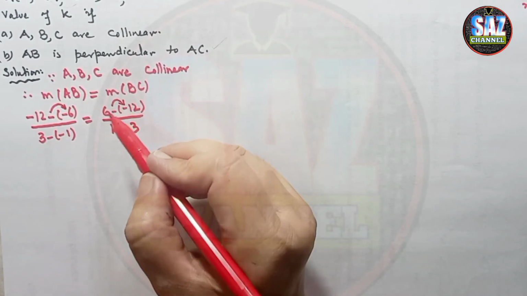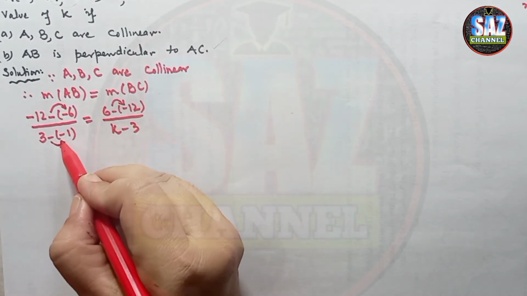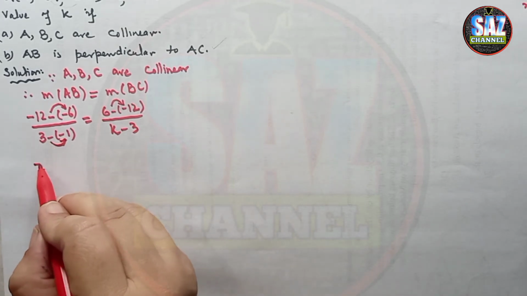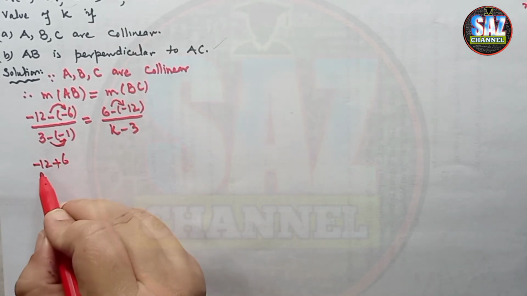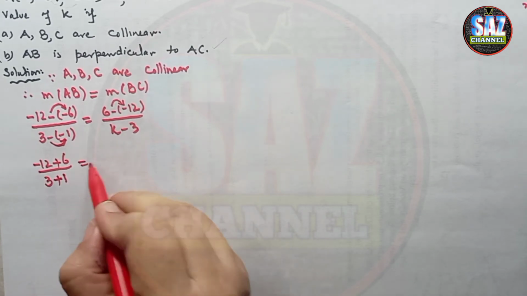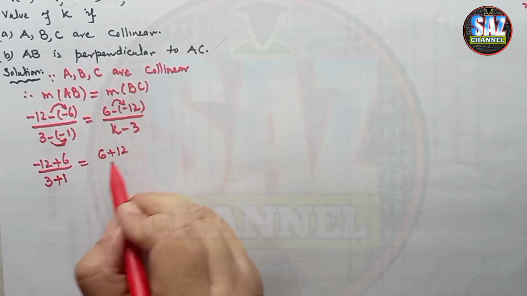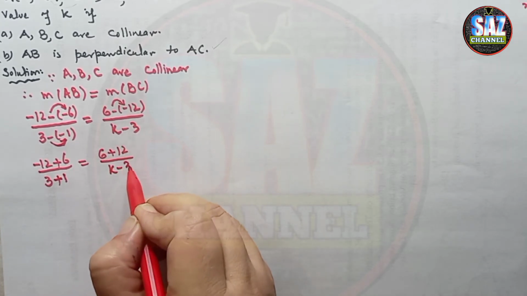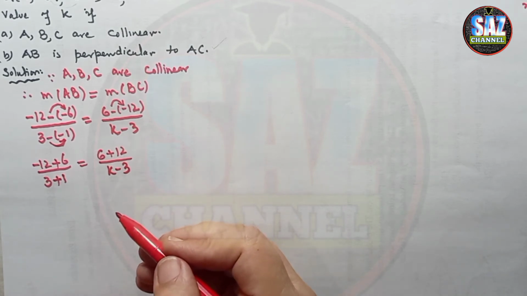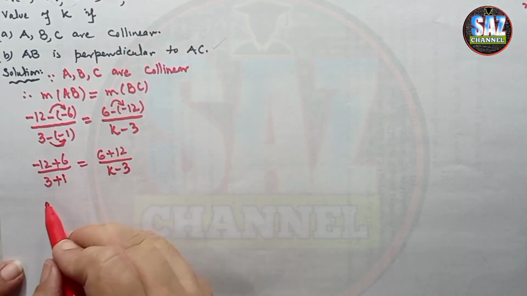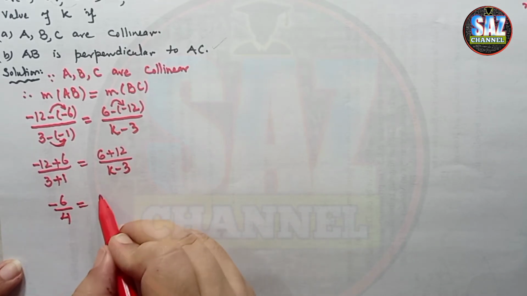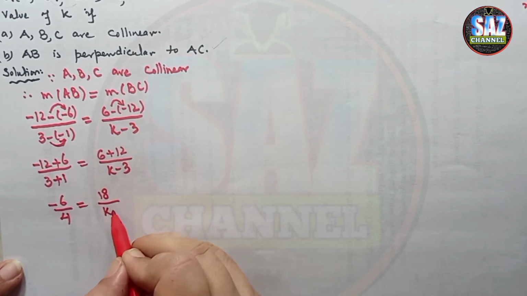Rules of integers are really important for the understanding of many mathematical lessons. So minus 12 plus 6 upon 3 plus 1, and this is 6 plus 12 upon k minus 3. Then minus 12 plus 6 is minus 6 upon 4 equals 18 upon k minus 3.